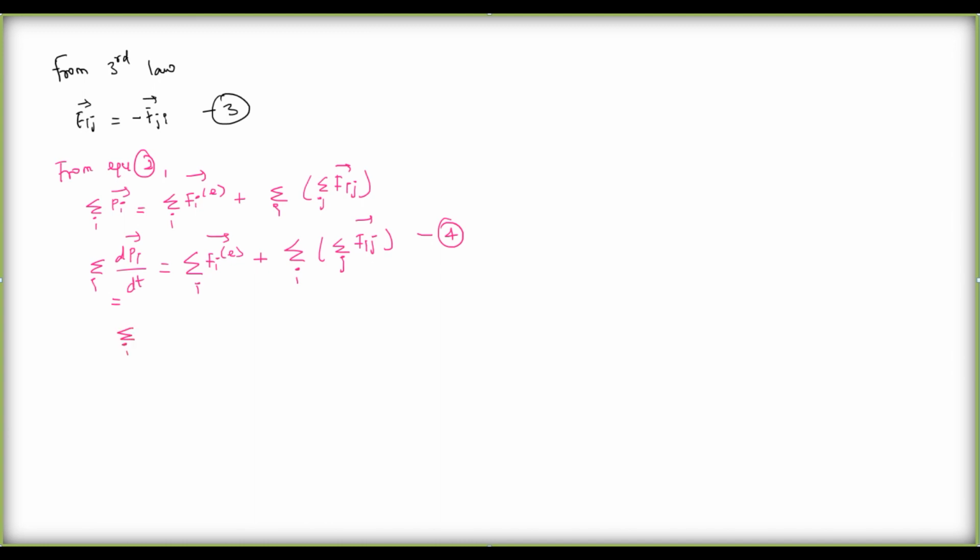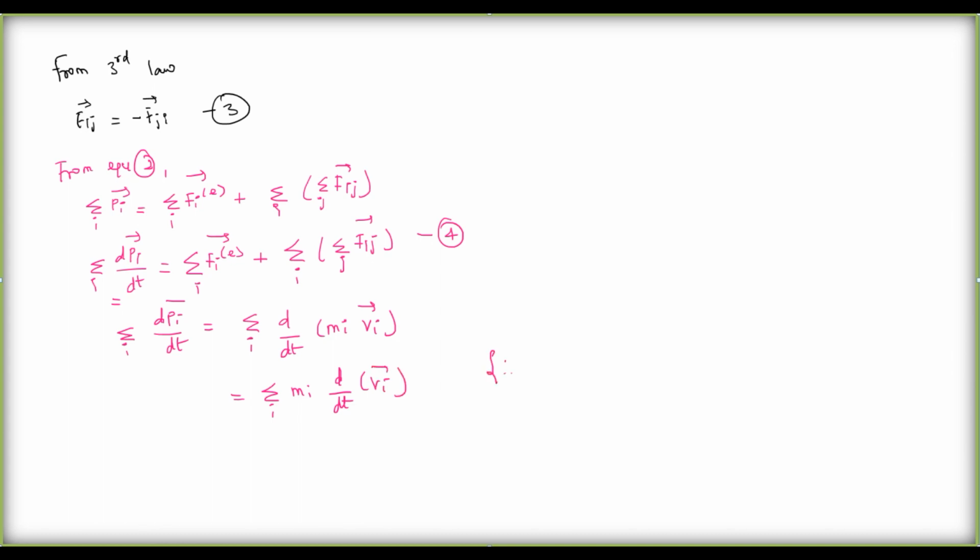About summation i, dou pi vector by dou t, which is equal to summation i, d by dt. Here p can be written as mass into velocity, mi vi vector. Next, we have to take mi outside, then dou by dou t of vi vector.